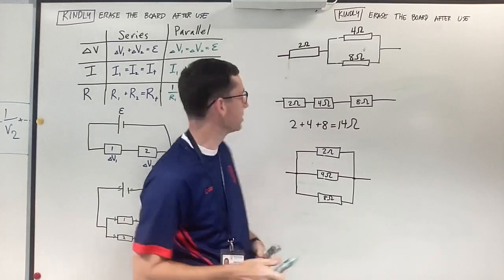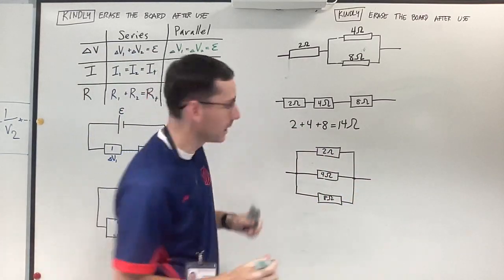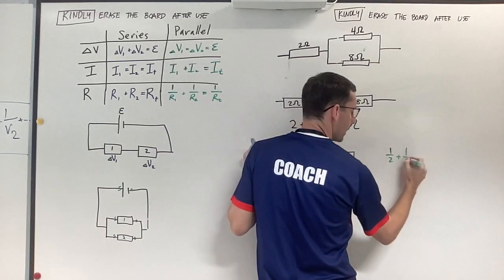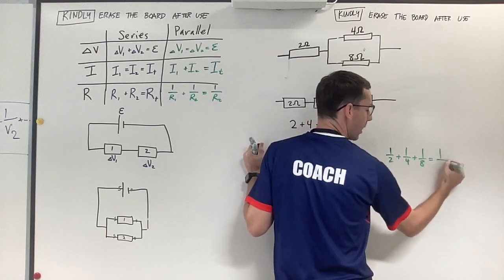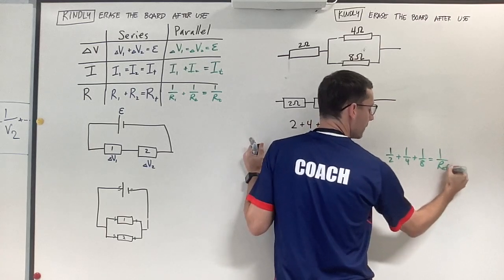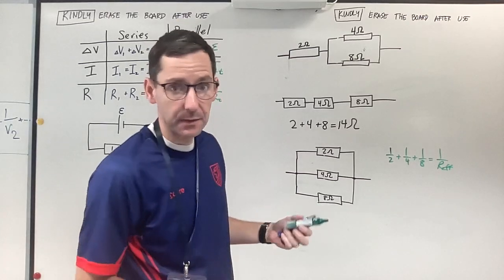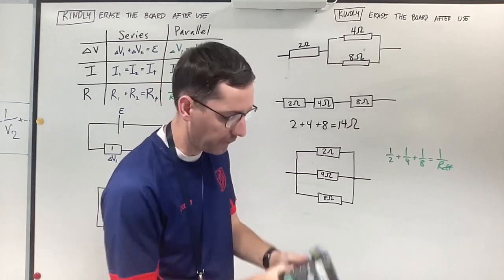Well, I'm going to need to use my parallel. So this time I have 3. So I'm going to go 1 over 2 plus 1 over 4 plus 1 over 8 equals 1 over the effective resistance, right? And so when I do that, then hopefully I'll get a number that's smaller than what I had before.